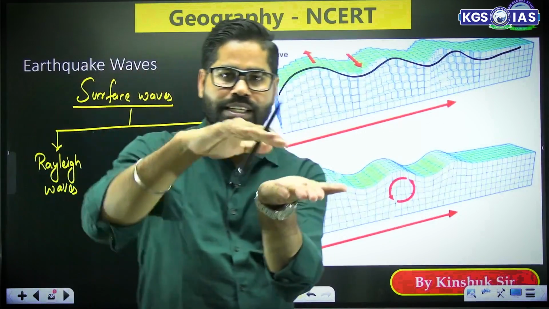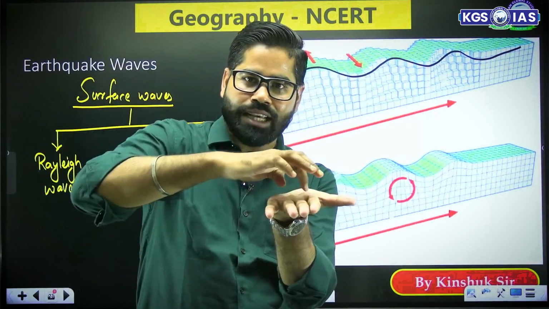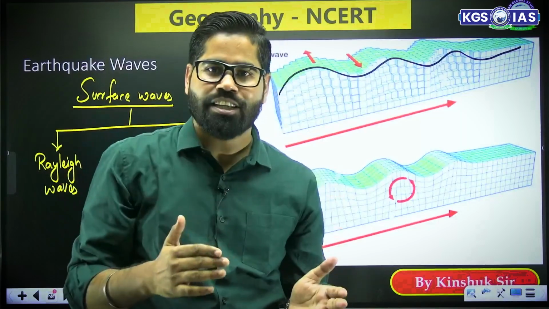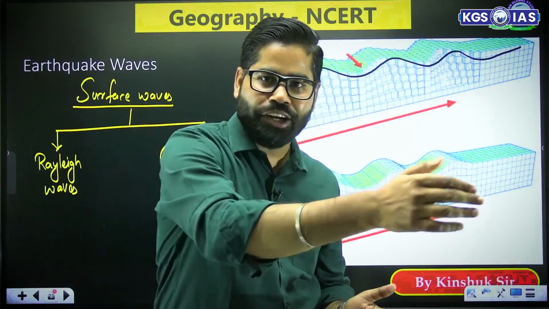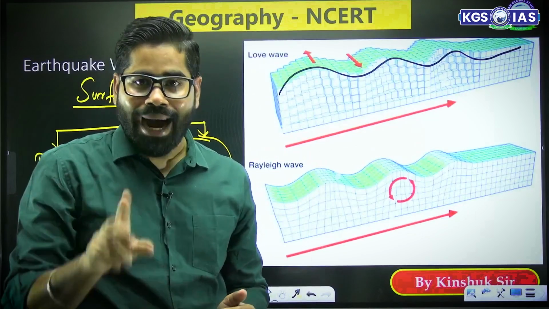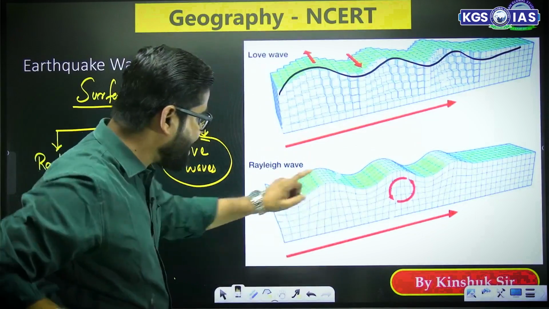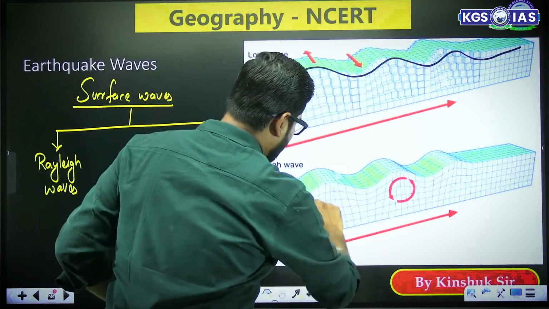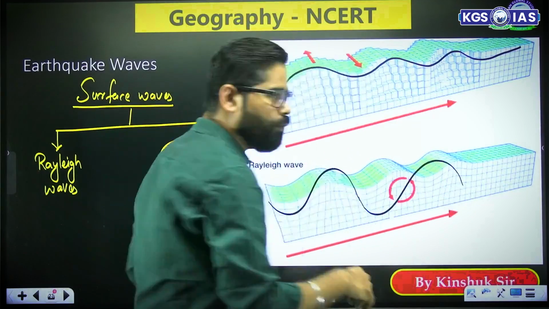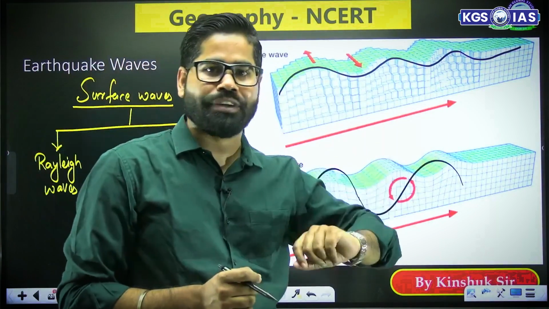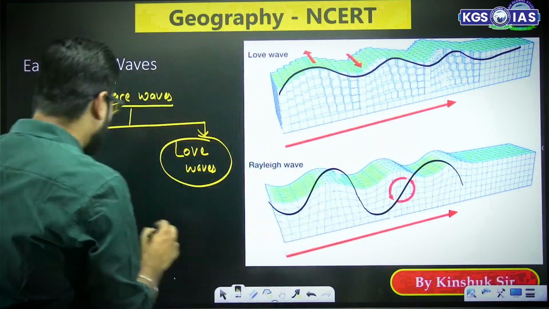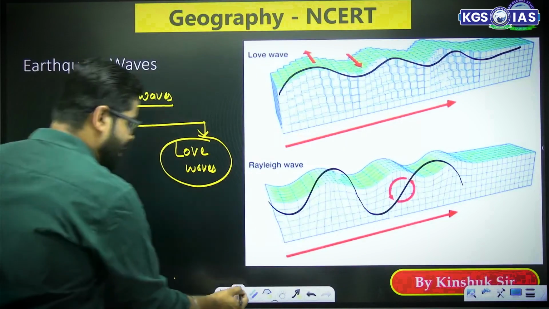If suppose this is the earth surface, the earth surface is going to have the horizontal shaking. And then there is going to be another one which is going to be like this, the vertical oscillation. So there are two different oscillations, a horizontal and a vertical.